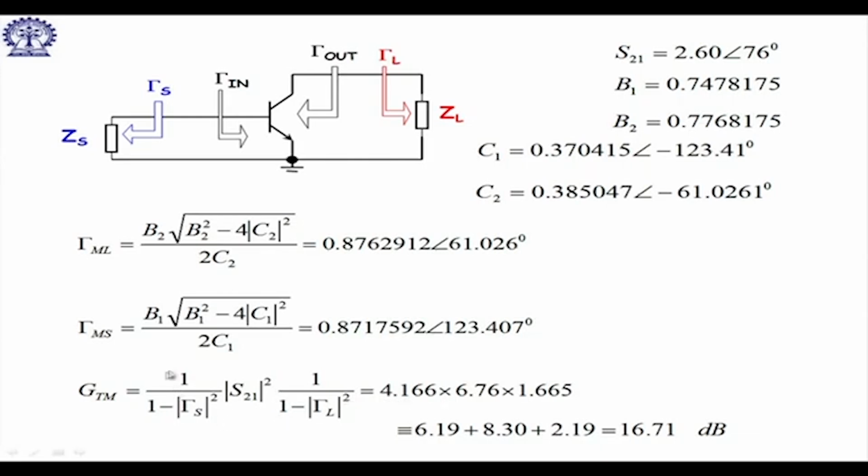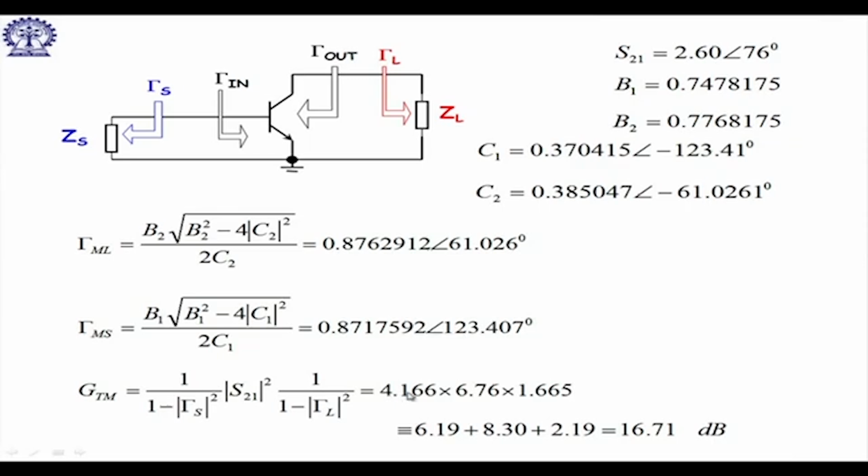So, you see the first part, that means the input part, proper choice of gamma S gives us a gain of roughly 4. Then the S21 part, that means the device alone gives us a gain of 6.7, roughly 7, and this one 1.6. So, if we did simple matching instead of conjugate matching, we could not have extracted these two parts.